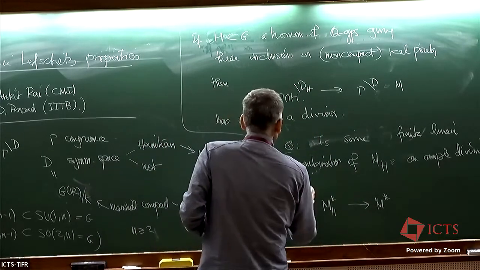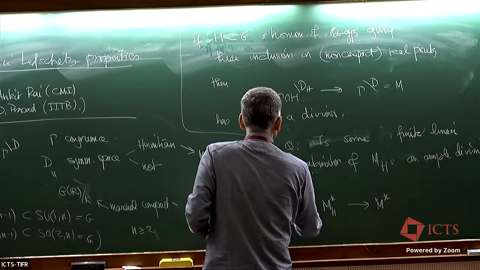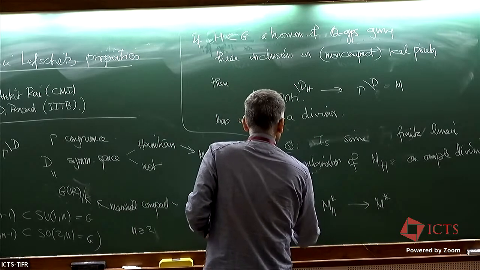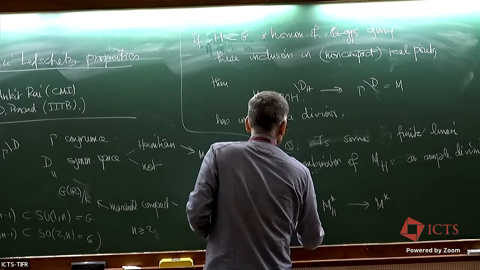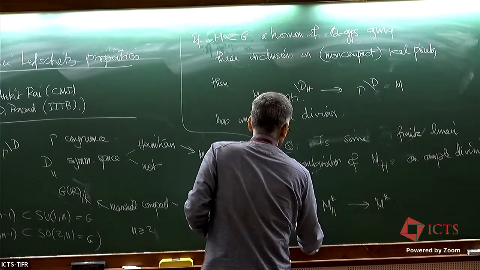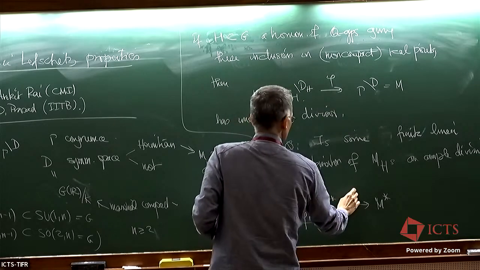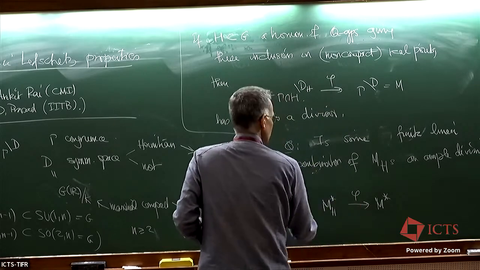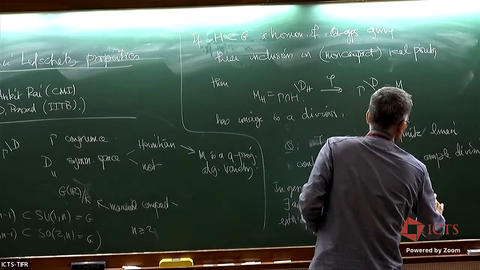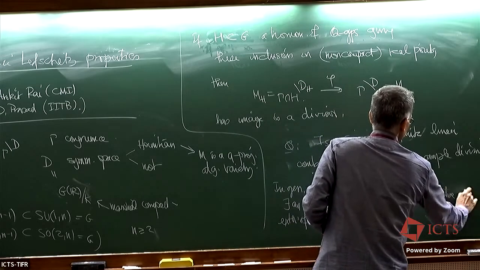So there exists in general an extension of this, let me give it a name, maybe phi, an extension of this to projective varieties, projective compactifications.